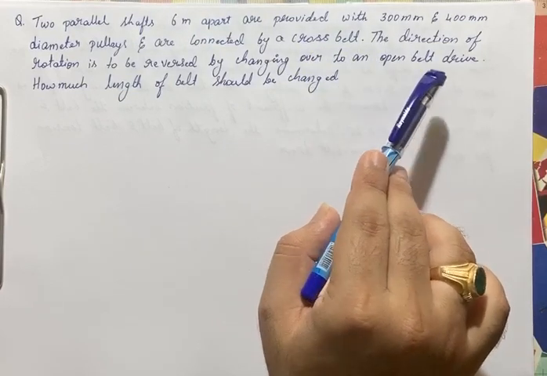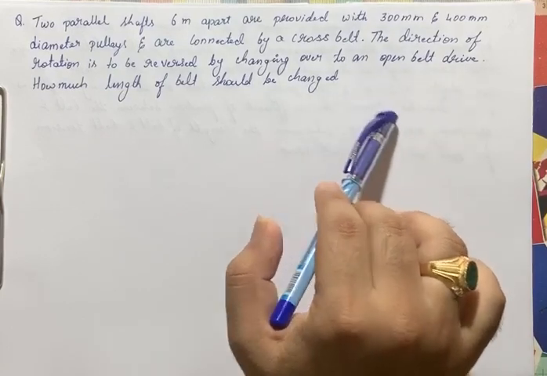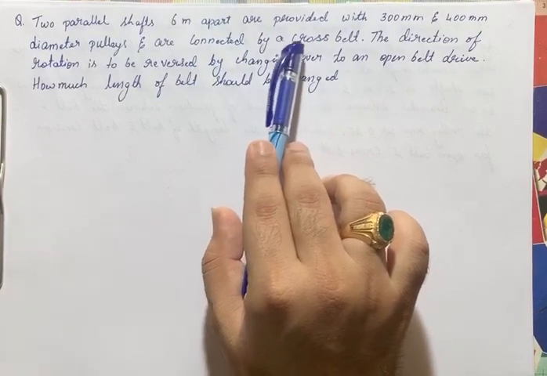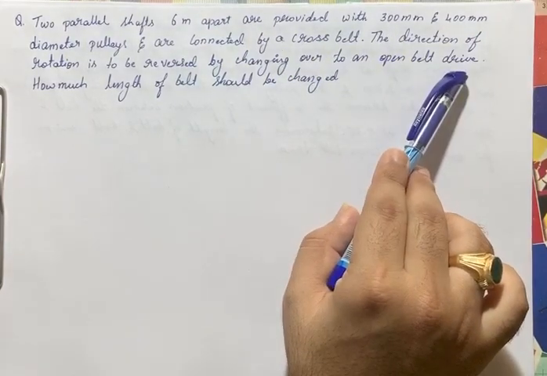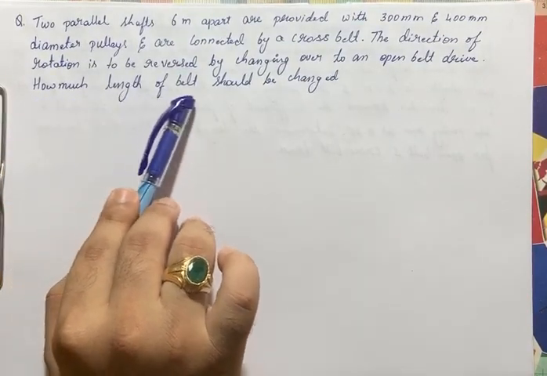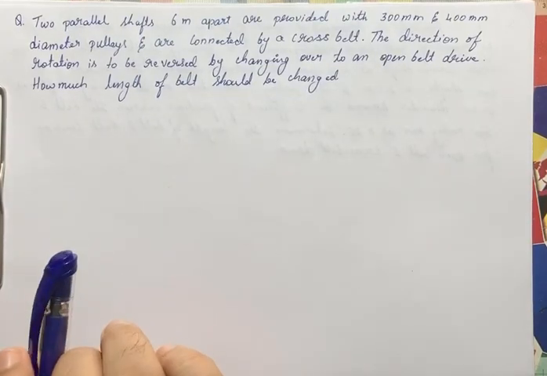To change the direction of rotation of the driven shaft, the cross belt needs to be changed to an open belt. And he has asked how much length of belt should be changed, that means what is the change in length of belt.